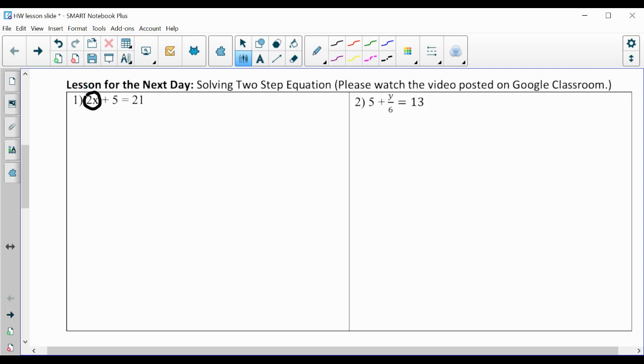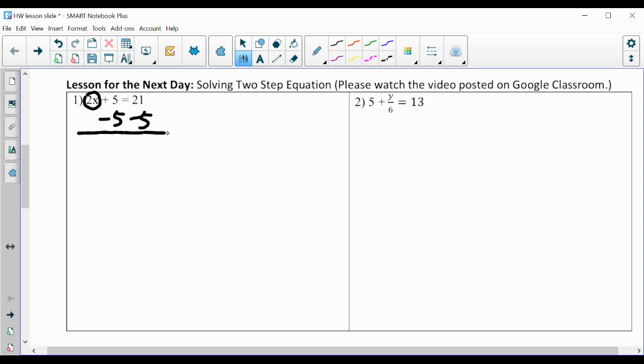I usually use a different color to highlight it, or circle it. They're a couple, nobody can separate them. But the 5 is further away, so you want to take away the 5. So do the same thing: opposite of addition, you subtract. So you subtract 5 at both sides.